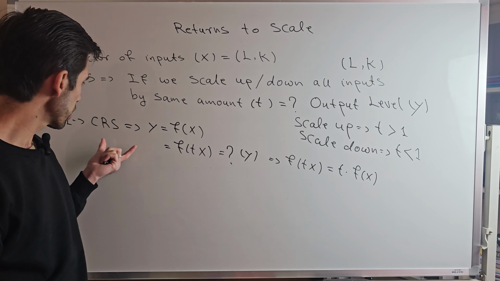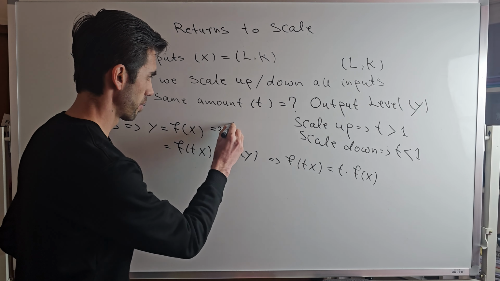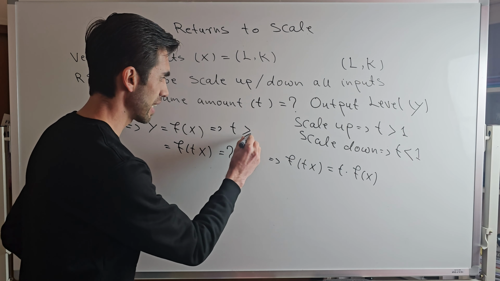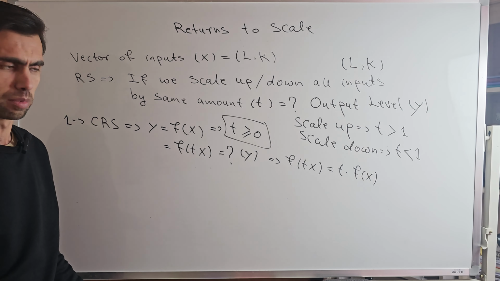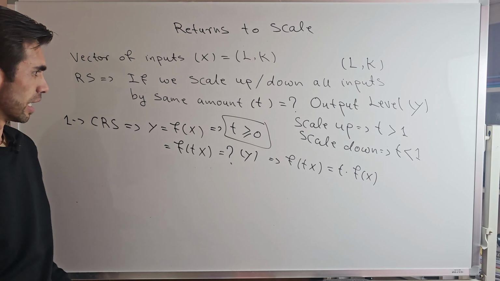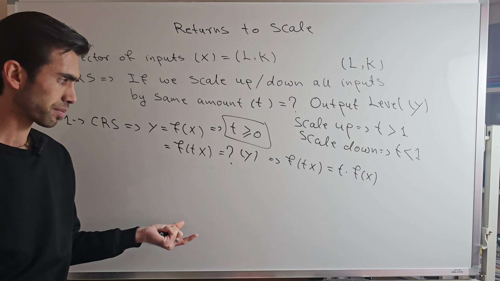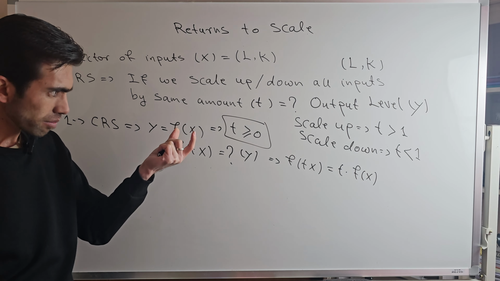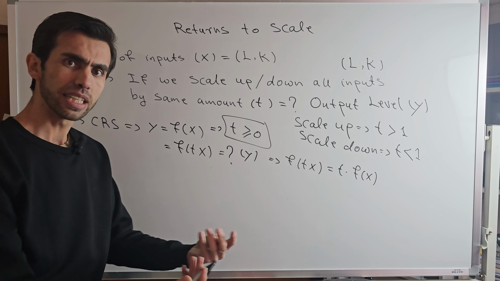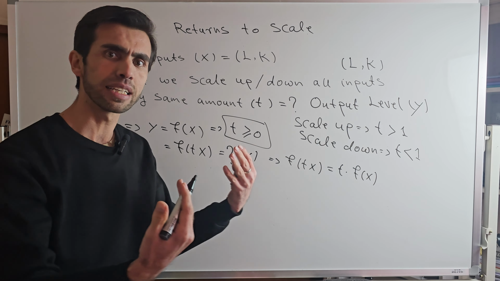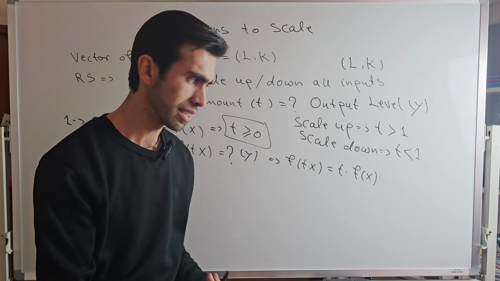In the case of constant returns to scale, we assume that t is greater than or equal to 0, any number, meaning increase or decrease, greater than 1 or less than 1, down to 0. So if we increase or decrease inputs, the increase or decrease of output will be exactly the same.